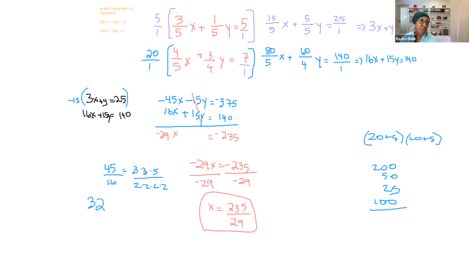We can always go back and plug in X for 235 over 29, but I'd like not to do that. Basically, I want you to be able to know that you can get rid of the fractions by multiplying by a whole number that works with both of the denominators, or all three if you happen to have three.